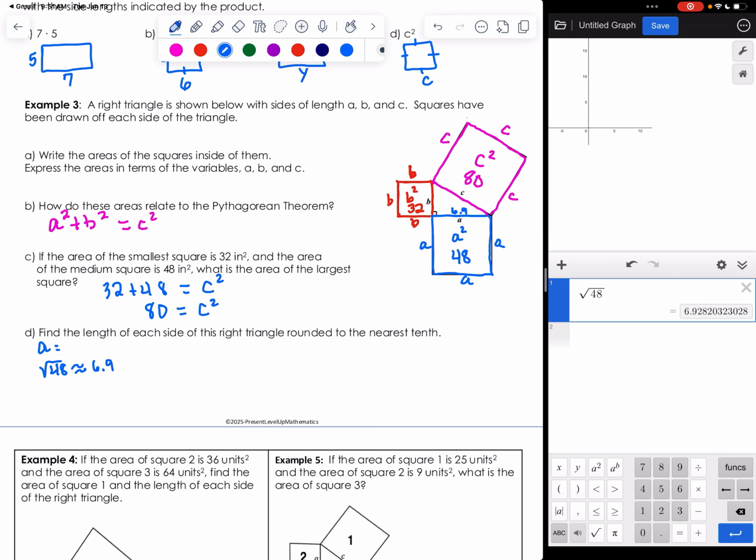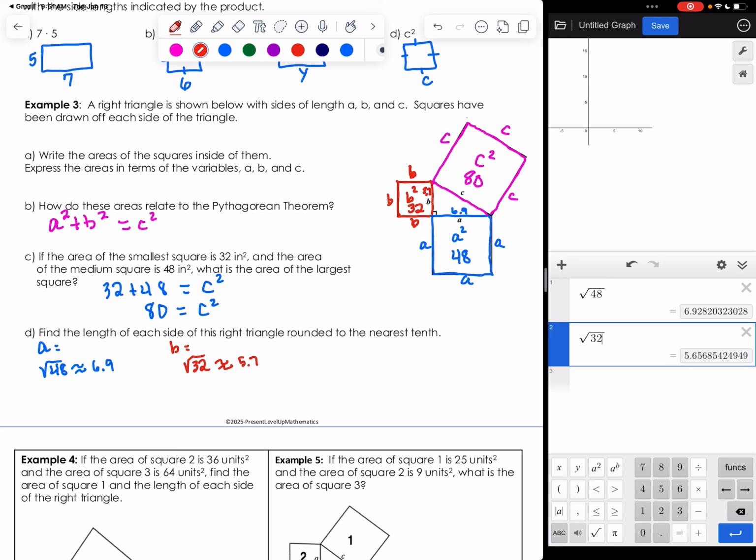Okay. Now let's get the side length for square B. We know the area of the B square is 32. If I took the square root of 32, that would be approximately 5.7. So I'll label that with 5.7.